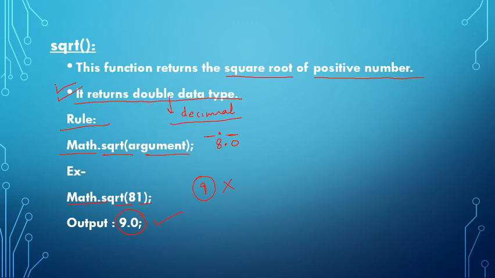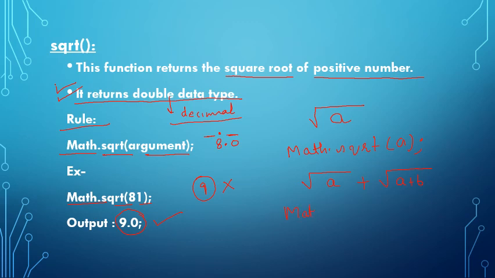Next, for example, here is a mathematical function, the square root of a. How can we write it in Java? We can write in Java Math dot sqrt of a. If it is written square root of a plus square root of a plus b, how can you write it in Java?